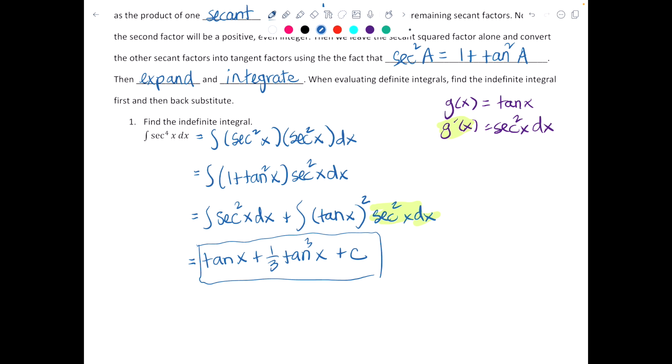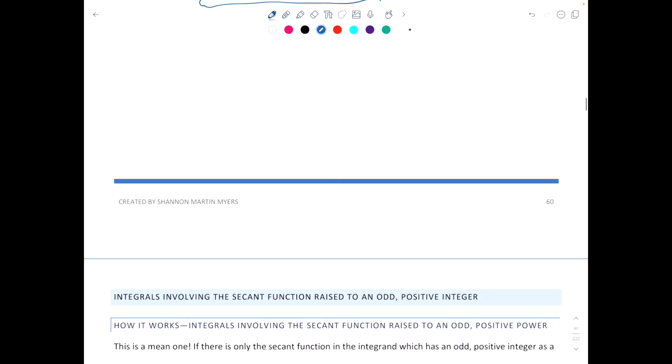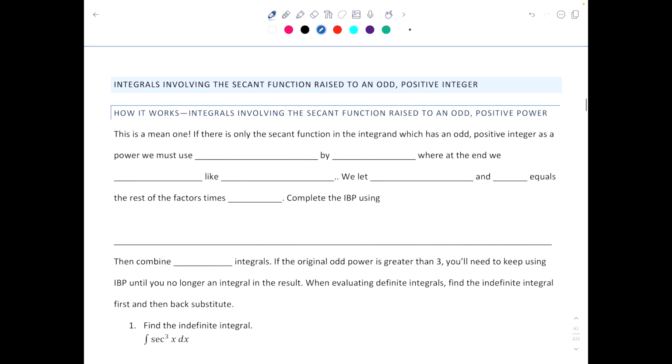Awesome! All right, now this next one can get very mean. I'll show you the very first one where you'd have secant cubed at x dx or some angle. Basically, if there's only the secant function in the integrand and it has an odd positive integer as a power, we have to use integration by parts, where at the end we combine like integrals.